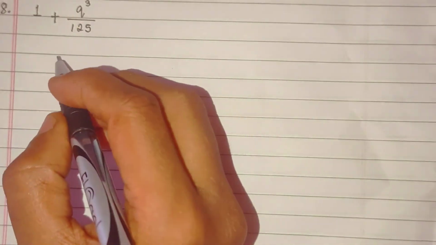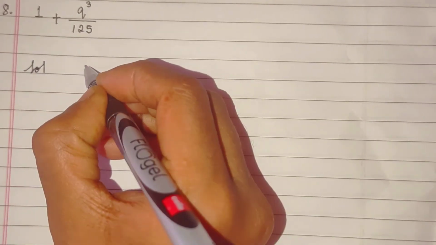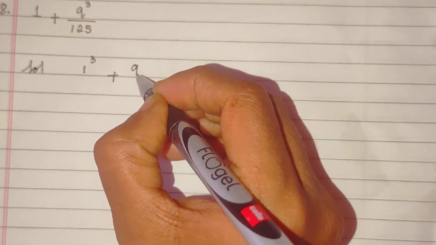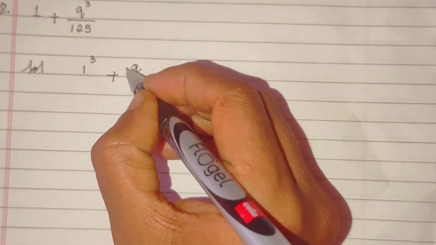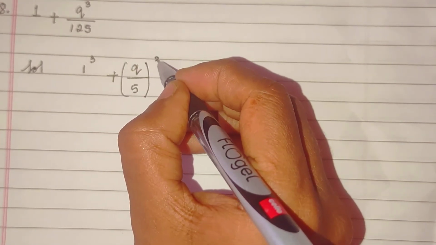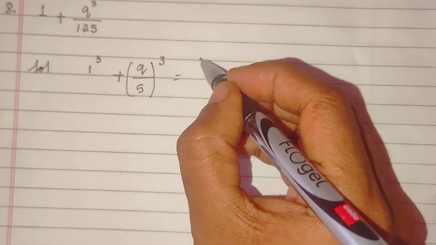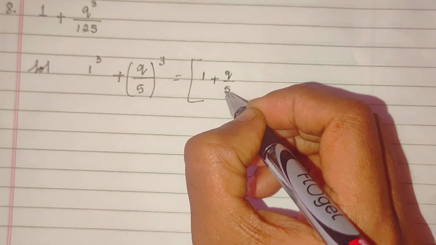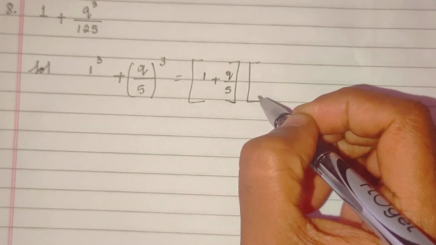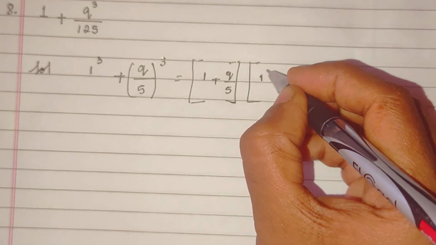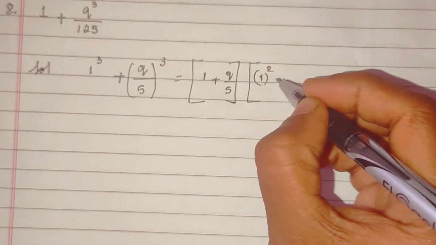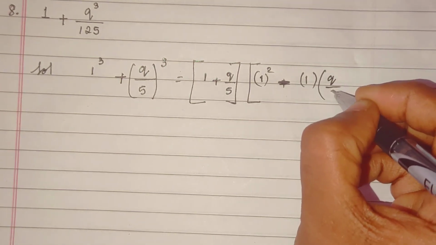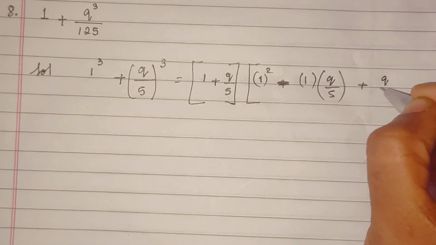Eighth sum, solution. See, 1 we can show any number of times, so 1 cube, then q cube upon 125 means q upon 5 cube. By using the formula a plus b, this is 1 plus q upon 5, and then a square, so 1 square, minus a into b, and then b square.